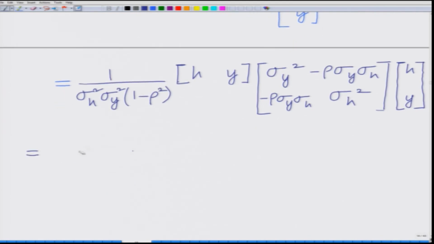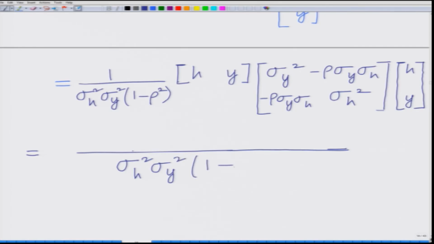And now I can simplify this expression. In the denominator, I have sigma h square sigma y square times 1 minus rho square.